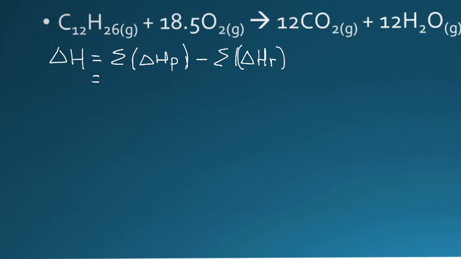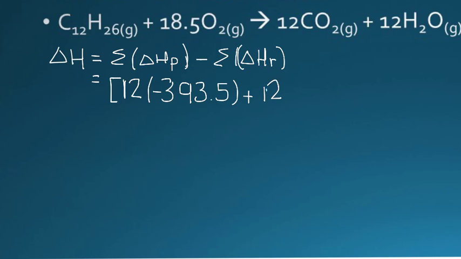We've already looked at the delta H of formation of CO2 and H2O, so we can just look back to our previous question, but this time we have 12 moles of CO2 in this reaction. And we have 12 moles of gaseous water.